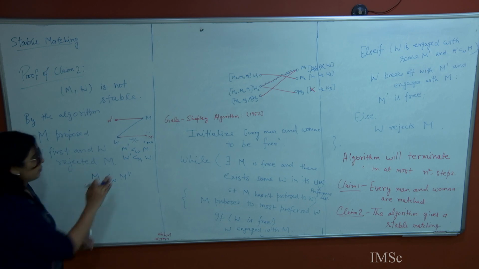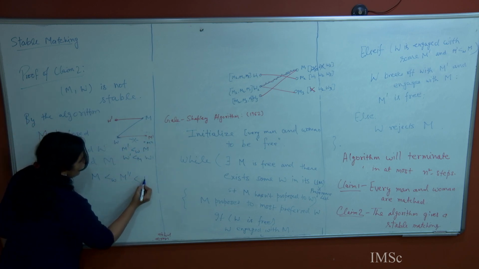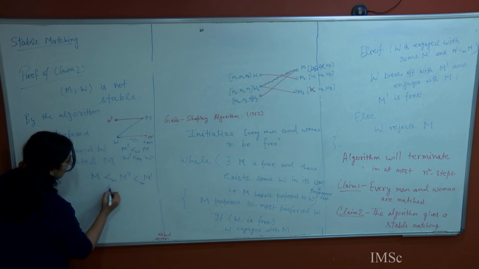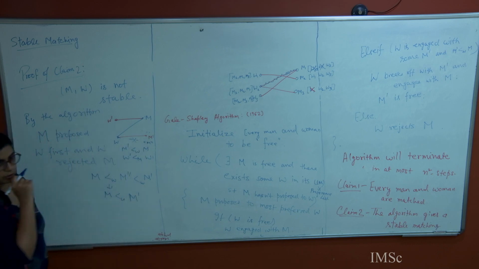Okay. So, this may happen, but in both cases, even in this case, M prime is more preferable than M double prime, right. So, basically we can say that M is definitely less preferred than the current matched partner.